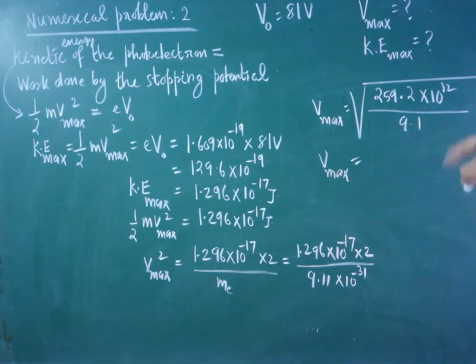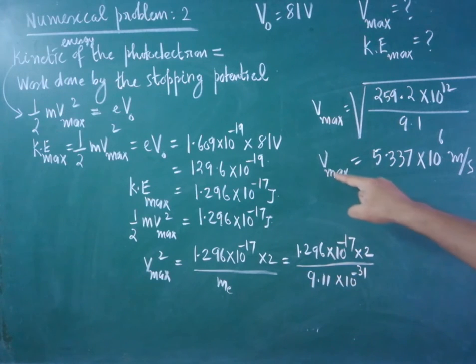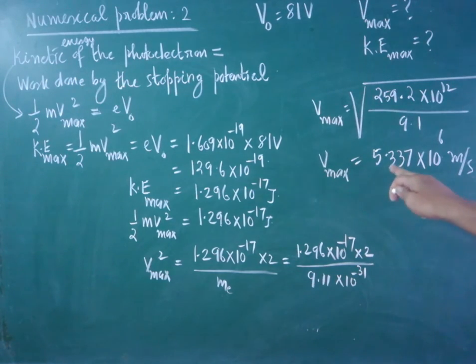After calculating everything you are getting the answer as 5.337 into 10 to the power of 6 meter per second. So this is the maximum velocity of the photoelectron. Are you clear? So this is the maximum velocity of the photoelectron when it is traveling within the quartz tube.